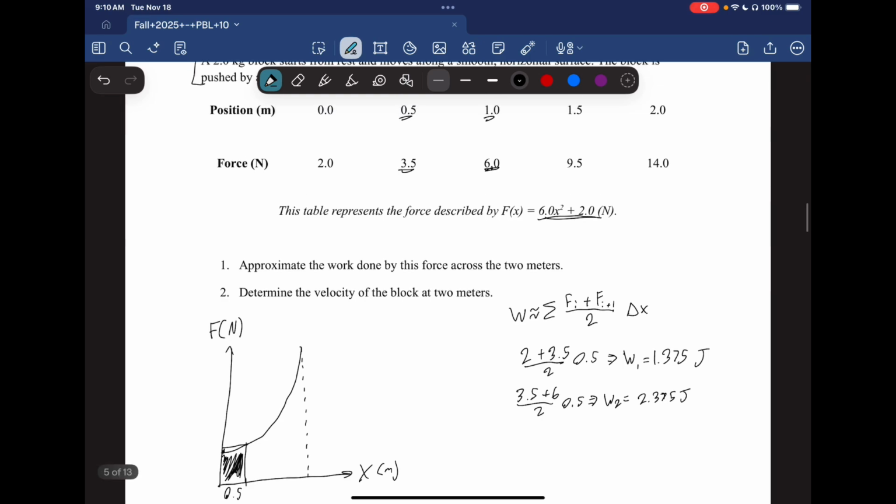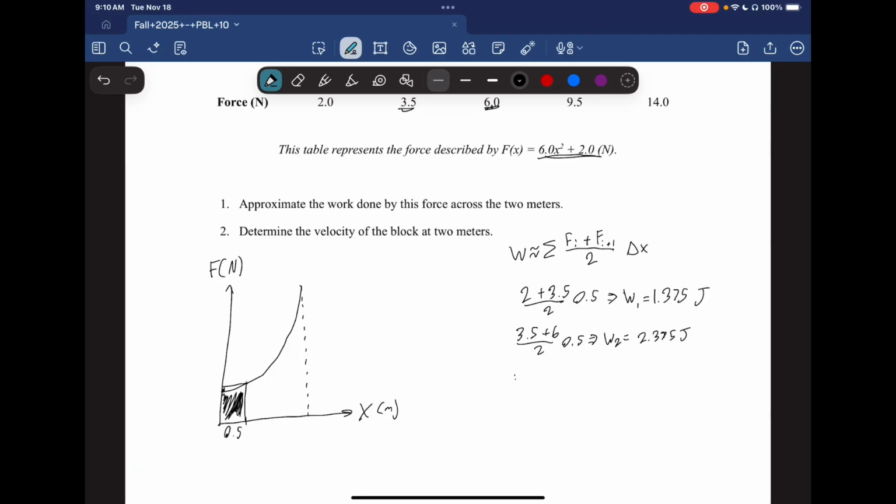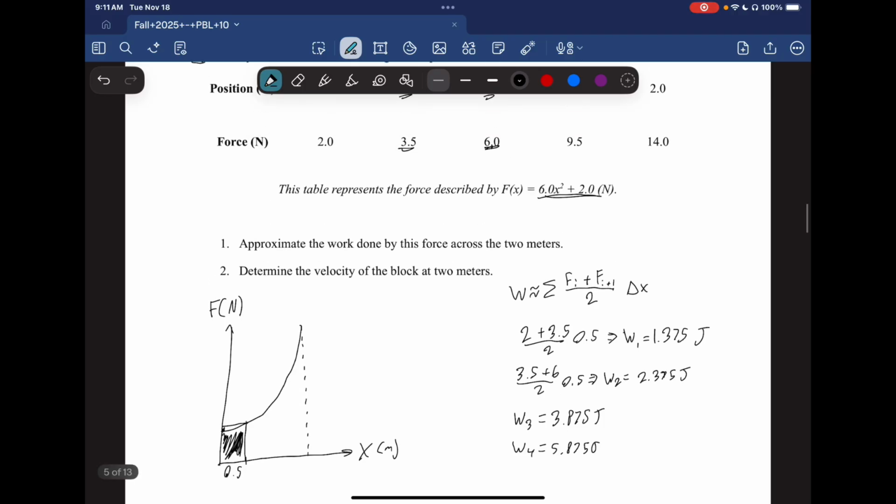I'm just going to write out the rest of the works, but I trust you can do the actual equation yourself. So that you can check your answers, work 3 should be 3.875 joules. Work 4 is 5.875 joules.